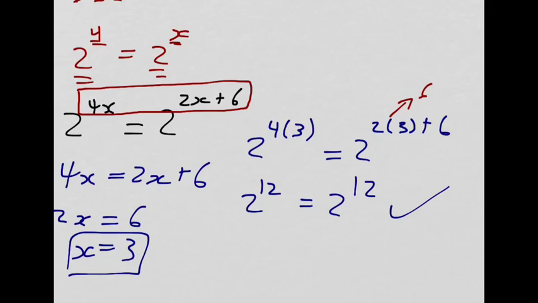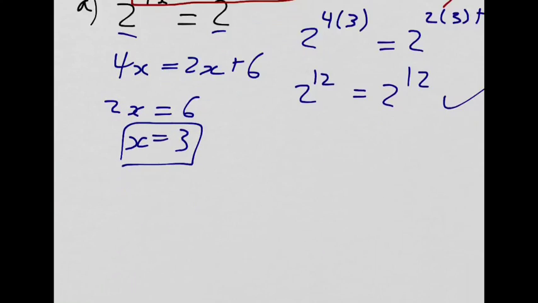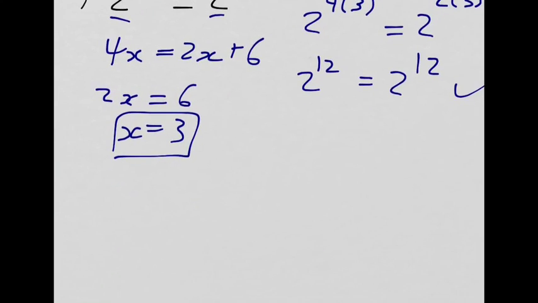And we know that's true. With me? Good. That's a really easy one, because our bases were already the same. The 2's were the same in this case. In this next example, the bases are not the same, and so we're going to have to change our approach a little bit.